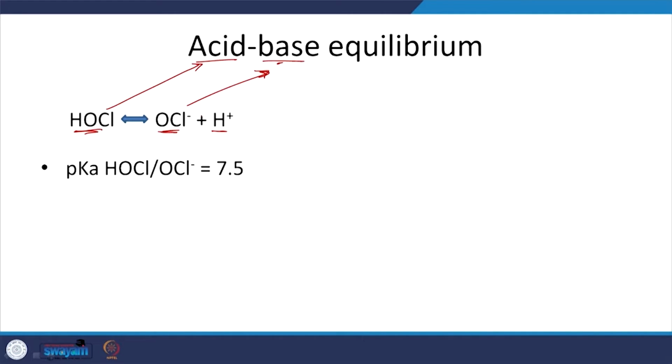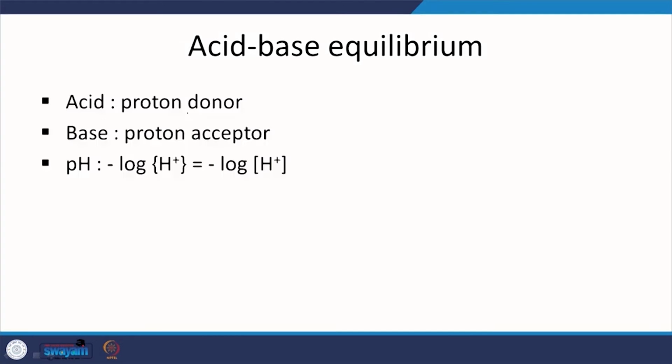So that's one aspect. pKa will give me an idea about how strong the acid is or not, and is called the acid dissociation constant. So that's what we have. How or where will I get that from? Let me see that. I have other aspects to mention, some terms here.